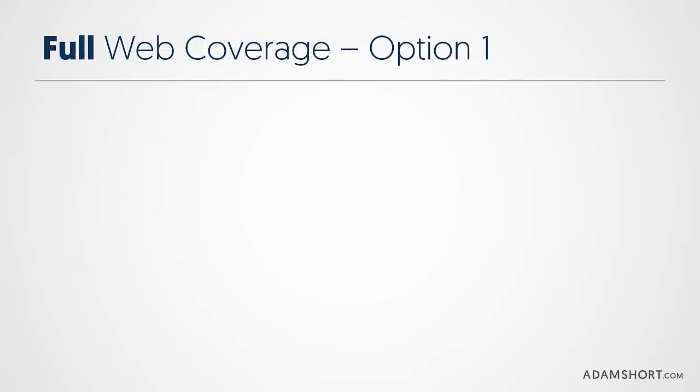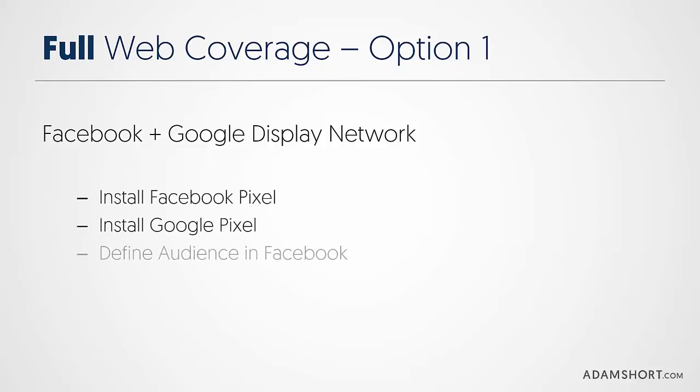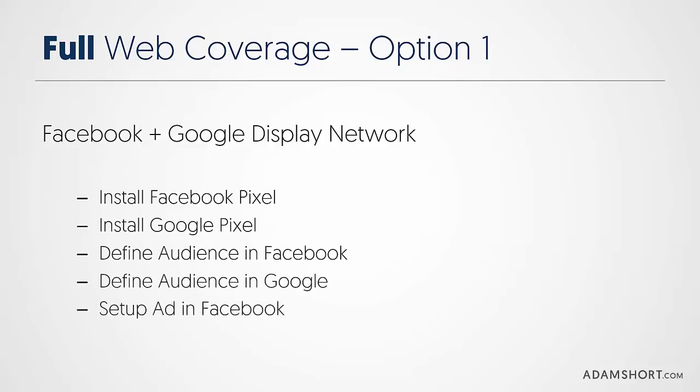Now, earlier I talked about full web coverage. There's a couple of different options here for getting pretty much full web coverage for your ad after somebody leaves your website. So you could use Facebook and the Google Display Network together. That's one thing that we've done. In this case, you would install the Facebook pixel, install the Google pixel, define your audience in Facebook, define your audience in Google, set up your ad in Facebook, and set up your ad in Google.